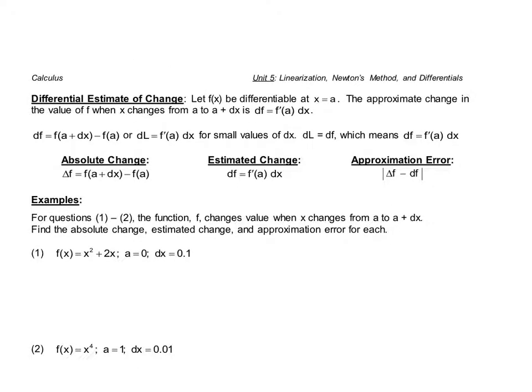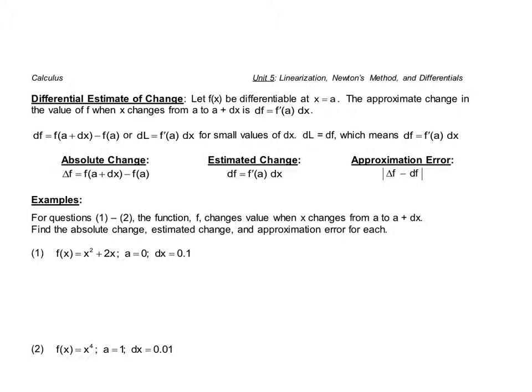All right, so our absolute change formula, delta f of a plus dx minus f of a. The estimated change is a much simpler formula. In fact, it's the differential form of a differential equation. So if we know this piece of information, then we could actually come up with an estimated change.